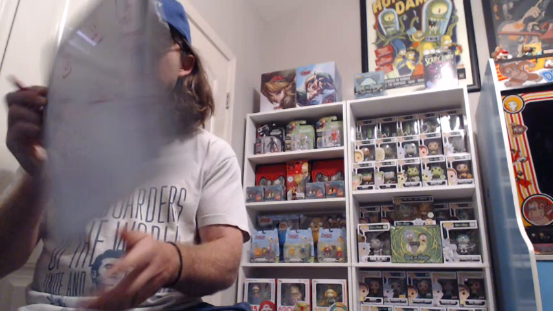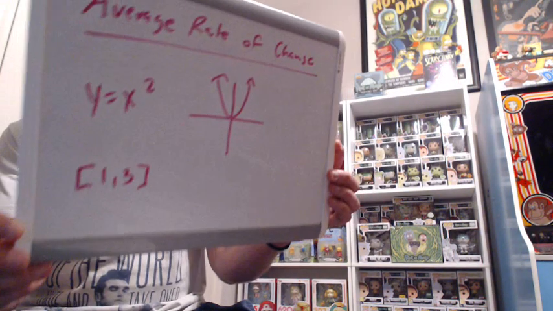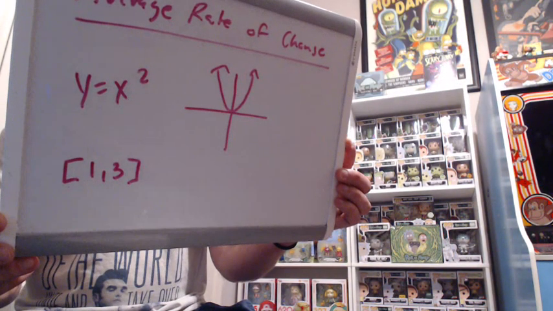So what we do is we pick this little part of the domain, and we can actually find what we call an average rate of change. So I'll give you an example. Let's say we want to find the average rate of change from 1 to 3.